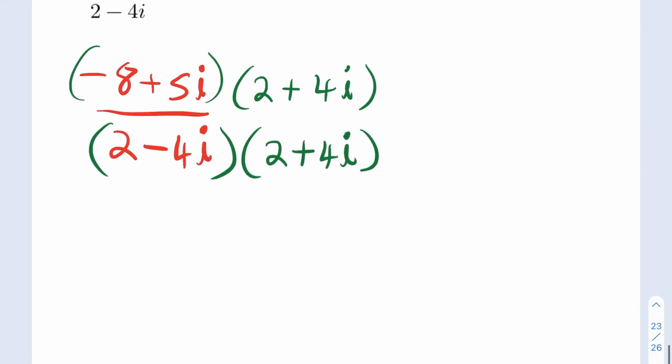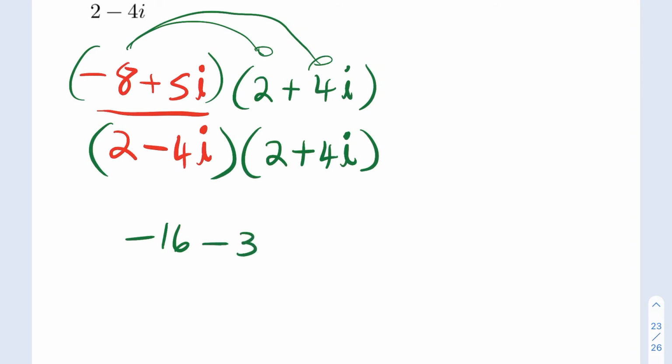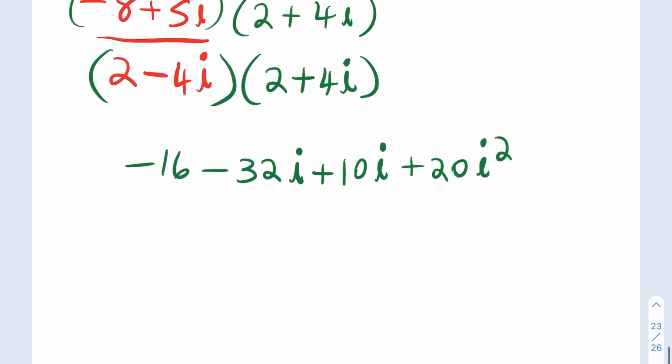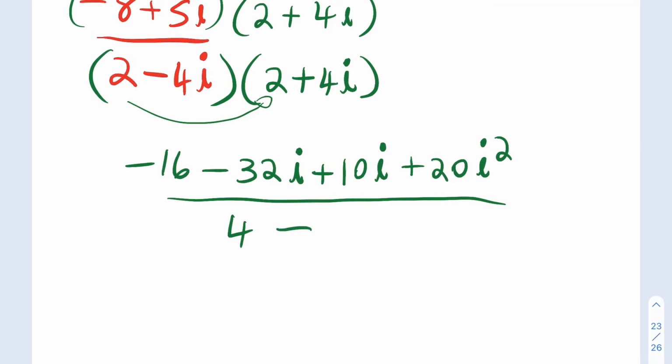Let me see. On top, I get negative 16. That's going to be minus 32i. This is going to be plus 10i. And last times last is going to be plus 20i squared. The bottom, when you multiply it out, the middle terms will cancel, but this gives you 4, and then minus 16i squared.